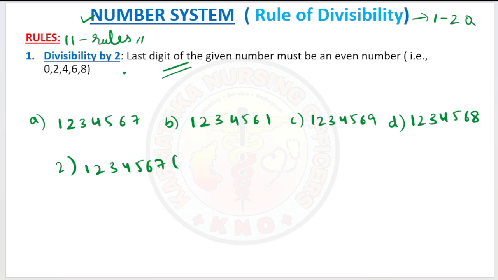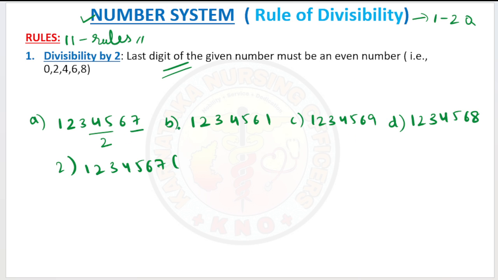How? What is the rule here? The last digit of the given number must be an even number for divisibility by 2. That means when you say that a number is divisible by 2, the last digit of the given number must be an even number. So here there are 4 numbers, right?